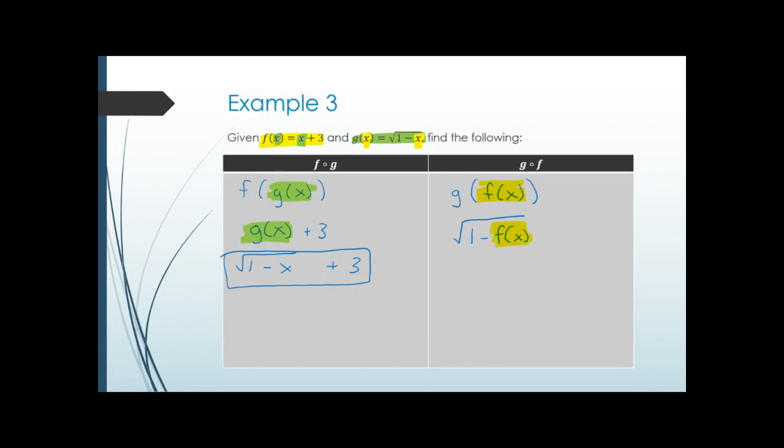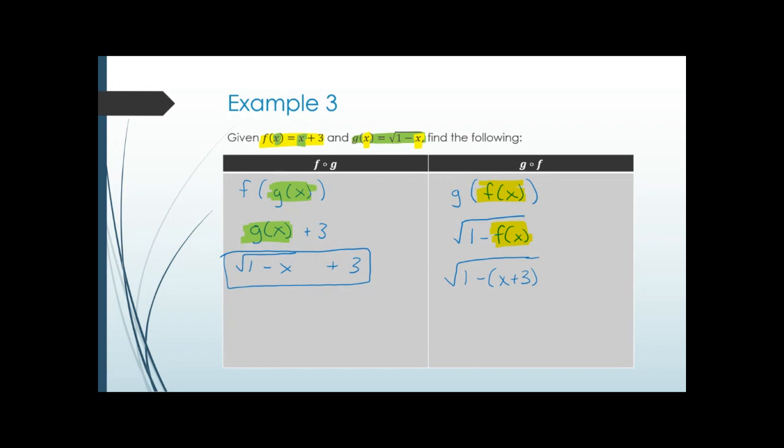So I'm plugging f of x in for x. Then I need to replace f of x with what it's equal to, which is x plus 3. And I'm putting parentheses around the x plus 3 because I'm subtracting it and there are multiple terms.